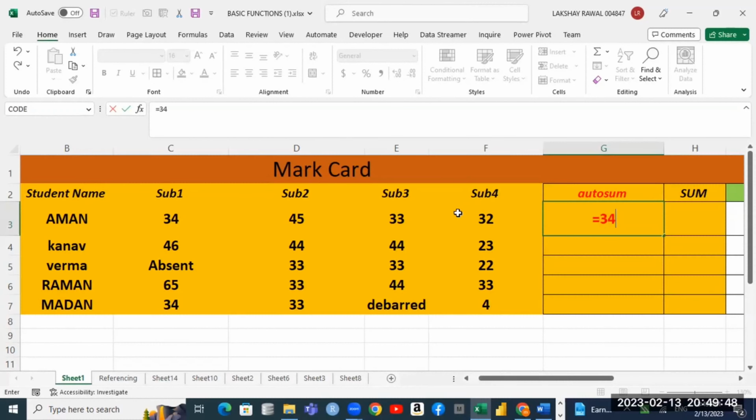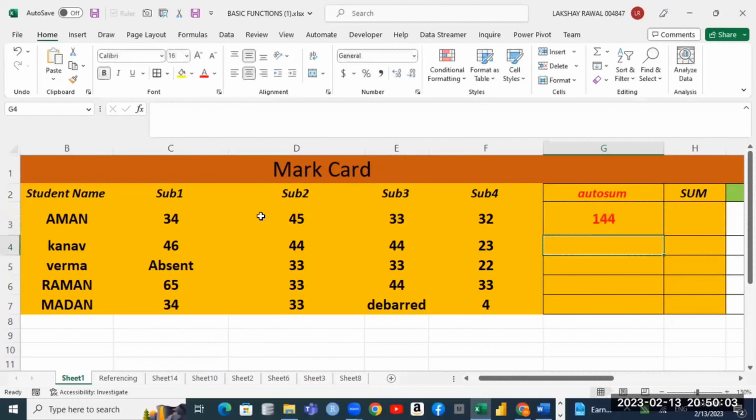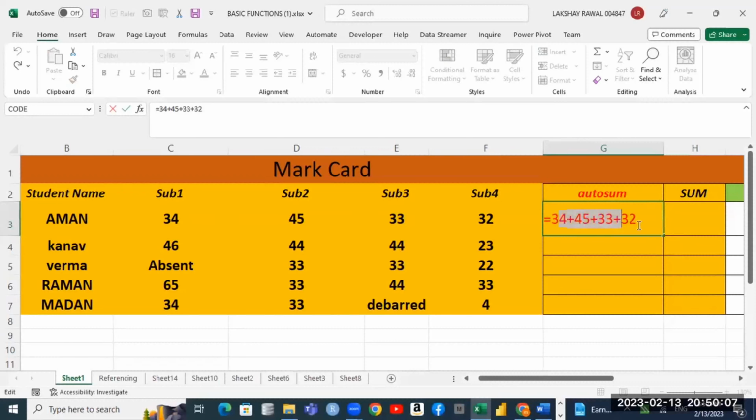If I write 34 plus 45 plus 33 plus 32, if I manually type the values, it will show me the total: he scored 144.